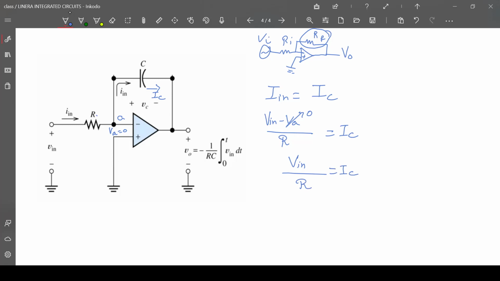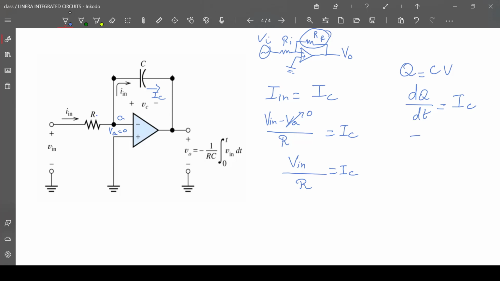Okay. Now the fundamental capacitor current. How to get the capacitor current? We know that the charge in a capacitor can be given as Q is equal to CV. And we know that dQ by dt, the change of charge with respect to time, is equal to the current flowing through the capacitor.